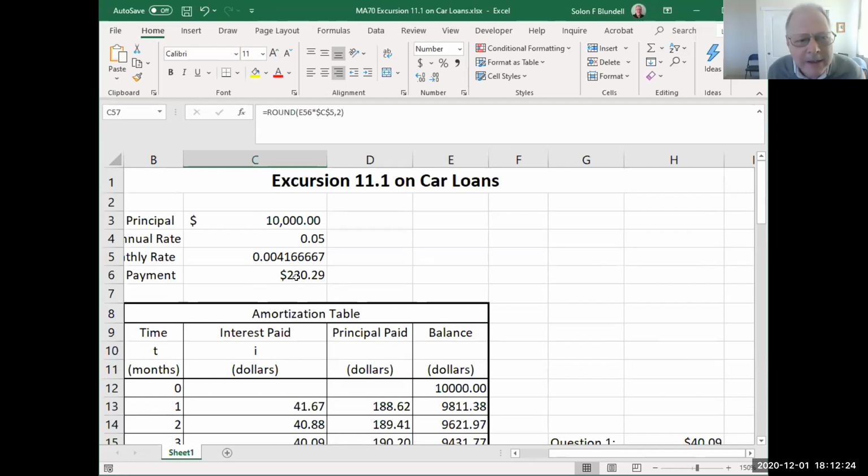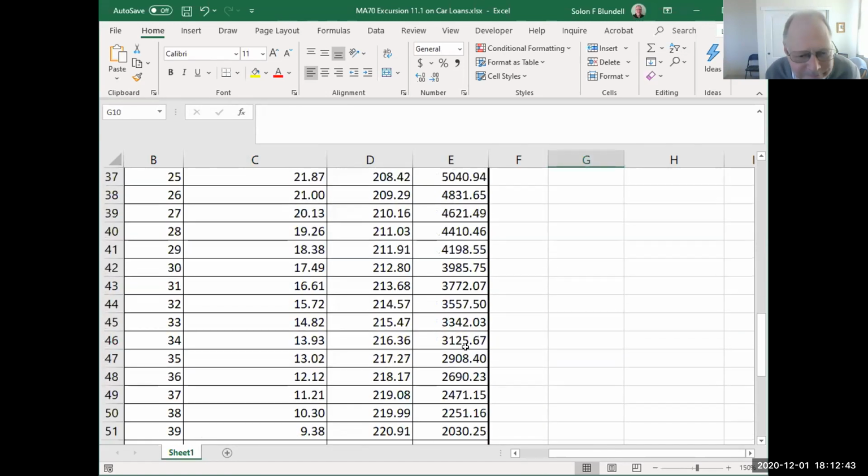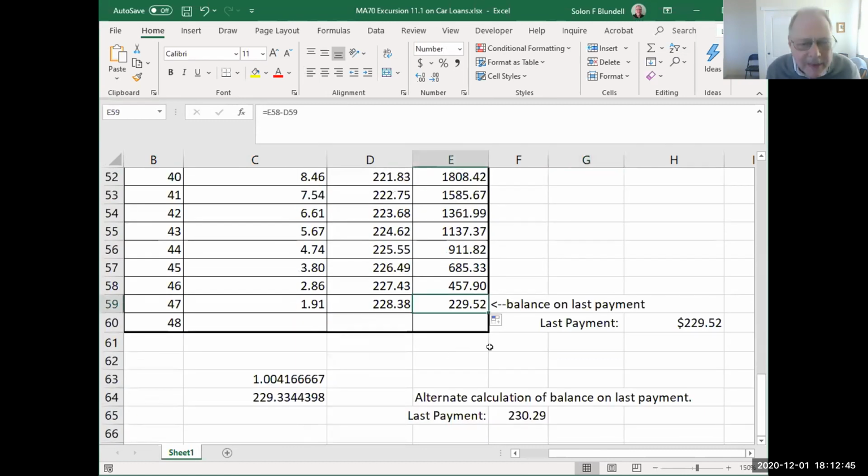That's because this original monthly payment, the $230.29, was rounded off, and that affected everything all the way down, and it always affected it in the same direction. Always the payment was just a little less than it should have been. And that's why you owe a little more, $229.52.